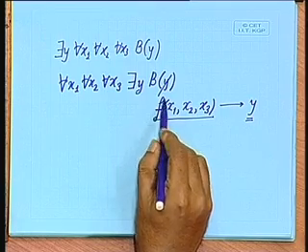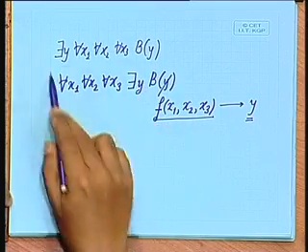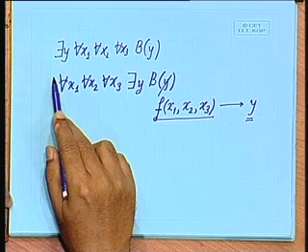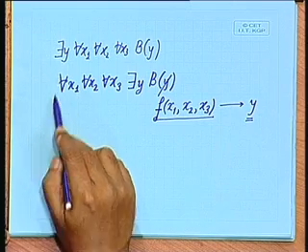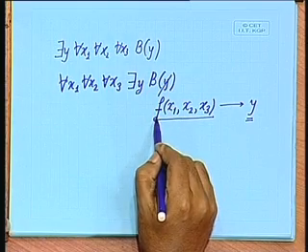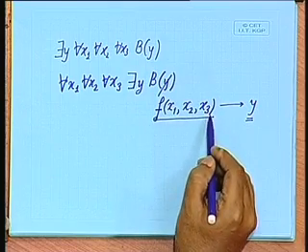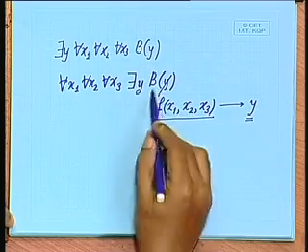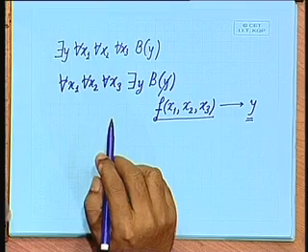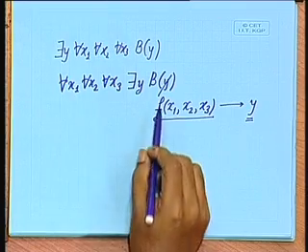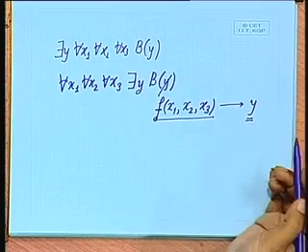That is what is going to determine whether this whole formula is valid or not. It is valid provided that there is a function like this which gives for every value of x1, x2 and x3 a value of y which satisfies by. But I agree that there can be other y's which will satisfy by.